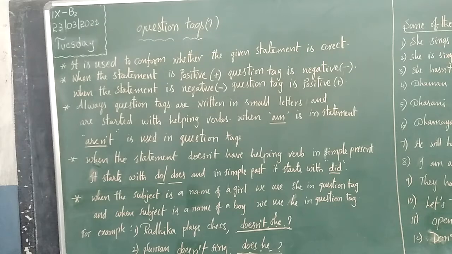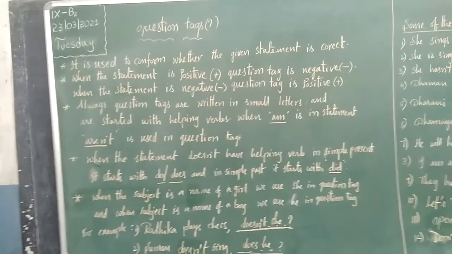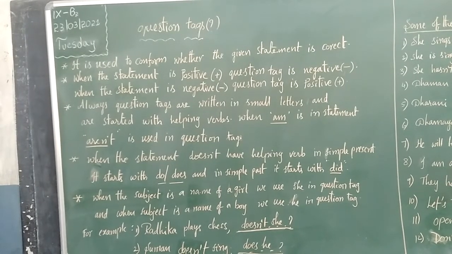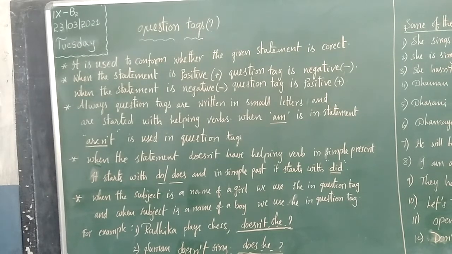Okay, some examples are given here. Once you just check. For example, Radhika plays chess. See, doesn't she? We use doesn't she because Radhika is third person singular and it is simple present tense. Since the subject Radhika is third person singular, we use does. Since Radhika plays chess is positive, we use negative in the question tag, that is doesn't she.